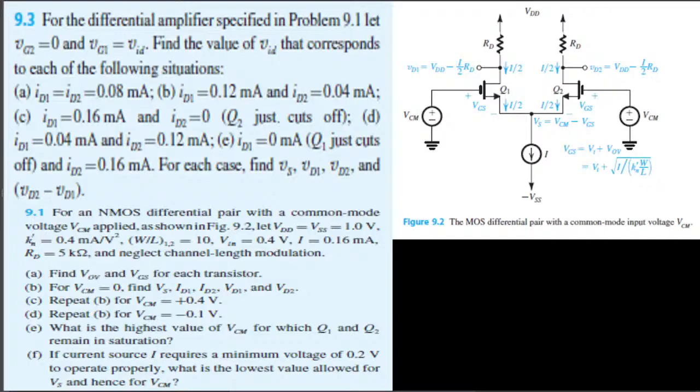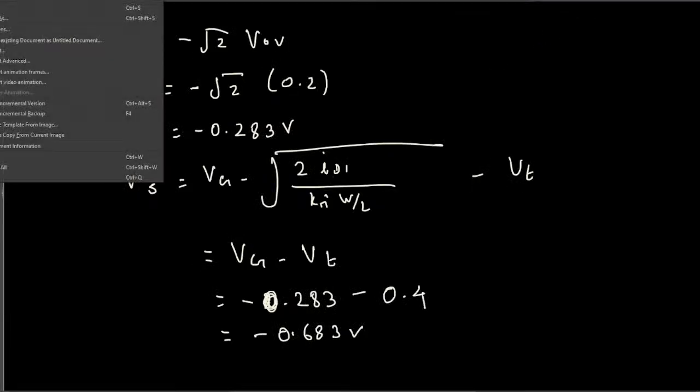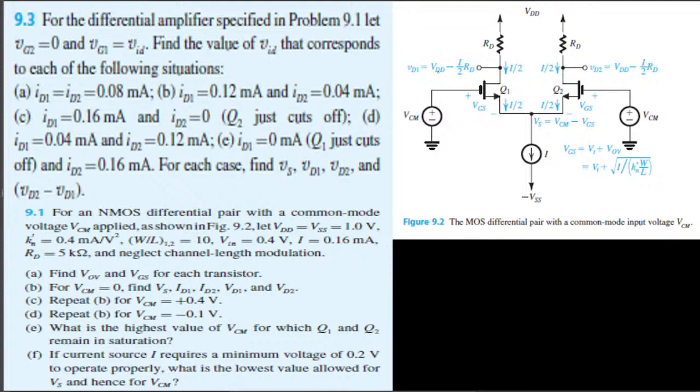Now we have to find VD1, VD2, and also VD2 minus VD1. So let's go ahead and find them. Now VD1, if you look at the circuit, the equation is already there: VDD minus I divided by 2 times RD. If you don't have the equation, you can always derive it by looking at the current here. The current flowing through this should be equal to this voltage minus this voltage divided by the resistor in between.